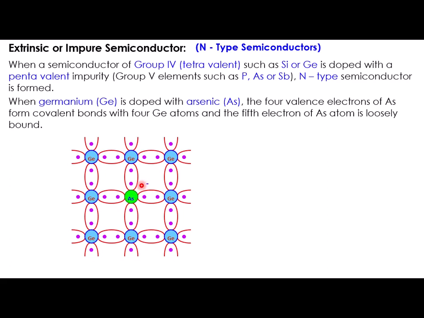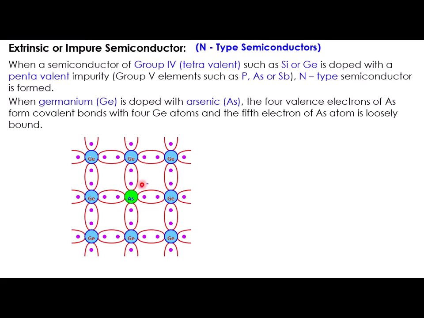That means if you supply a very small amount of heat, this electron will be freed from the foundation of this arsenic atom to conduct current. In other words, we can say that this arsenic atom has donated one free electron to the crystal, because you require very little energy to ionize this arsenic atom and make this fifth electron free.